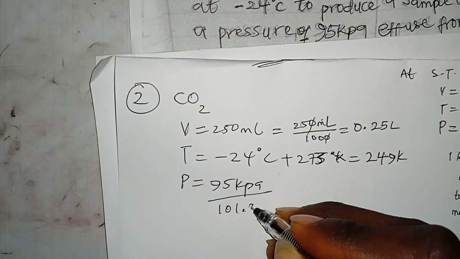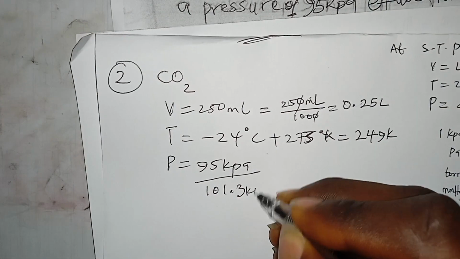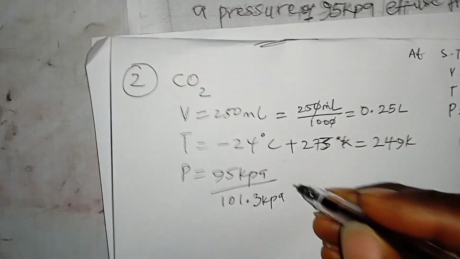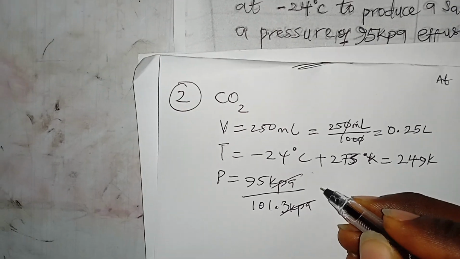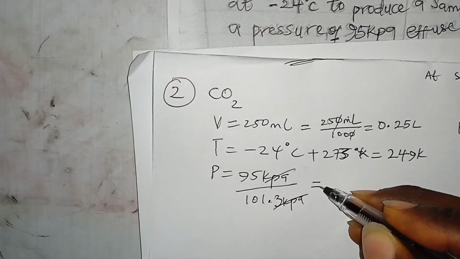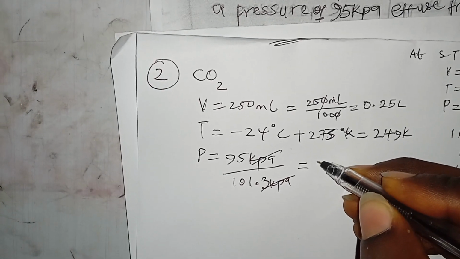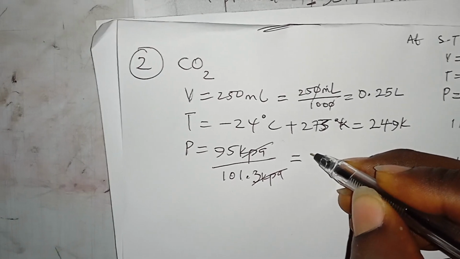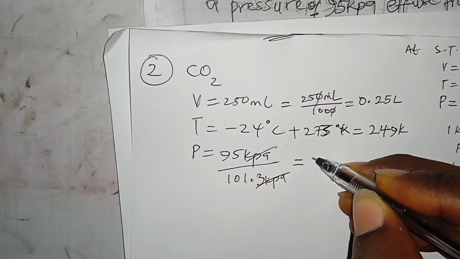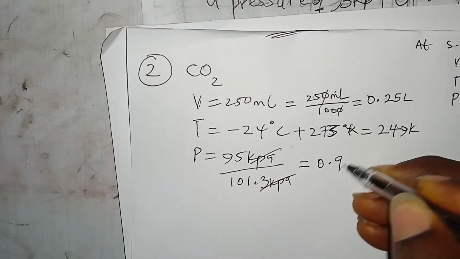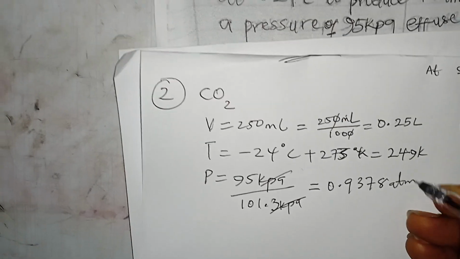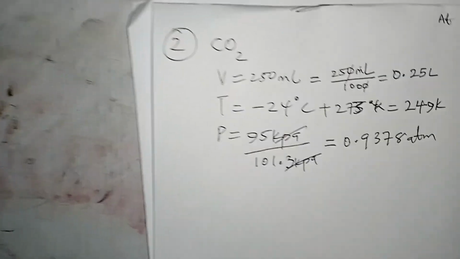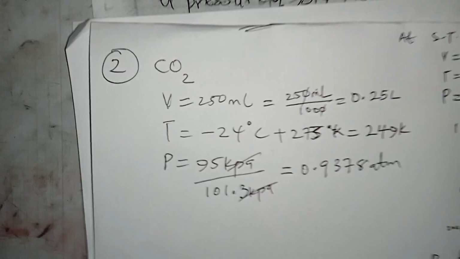Yes, 101.3 kilopascal. So once we do this, this will cancel out, so that I now have that this equals, atm is the SI unit, the standard unit. So this is now going to give me 0.9378 atm.